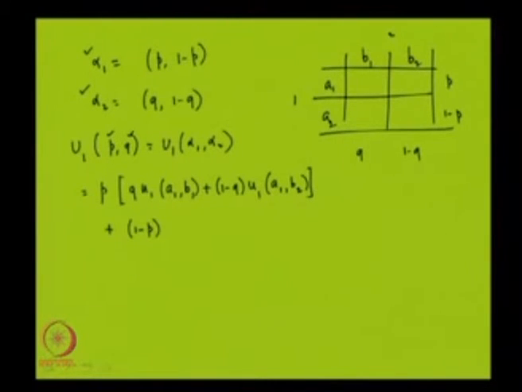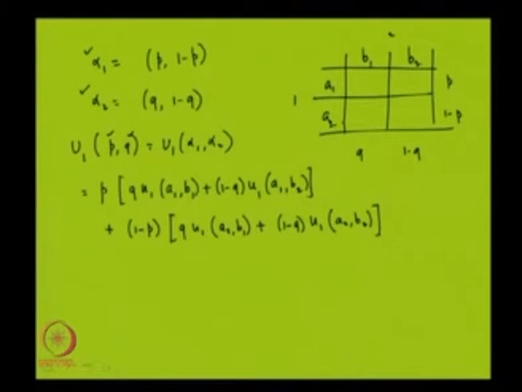And if player 1 plays the second action, that is A2, then again with probability Q, player 2 will play B1, in which case the payoff is this much, and if player 2 plays B2, this is the payoff. All right.